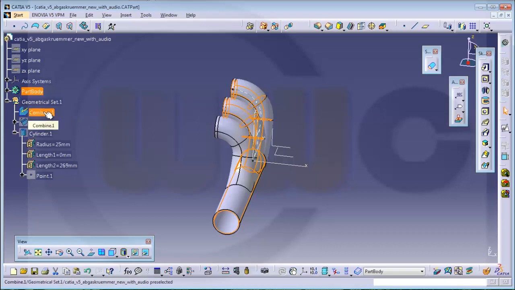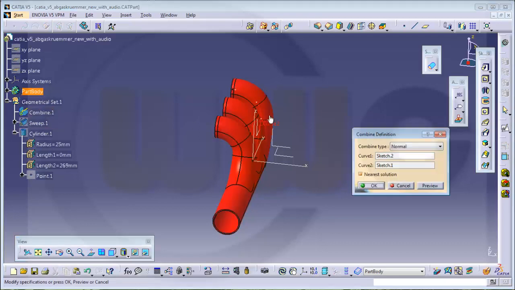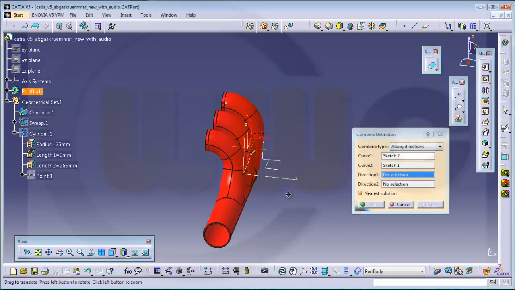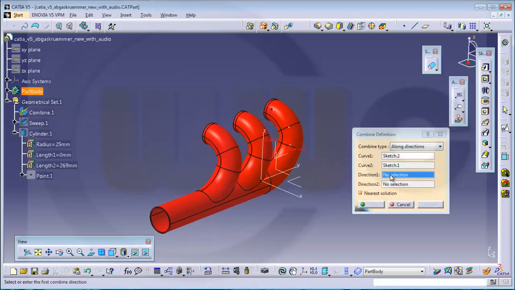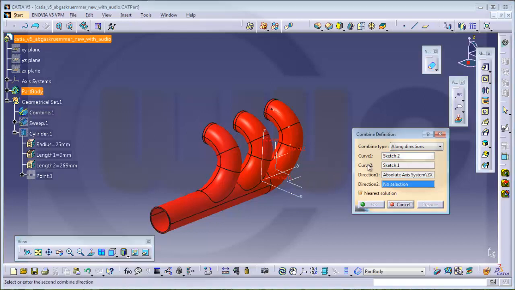So I will go for the combine. You see, its combine type is normal, which means normal to the sketch plane, which should have worked, but I can change it to long directions, and the second sketch was this direction, the second sketch was that direction, and okay.